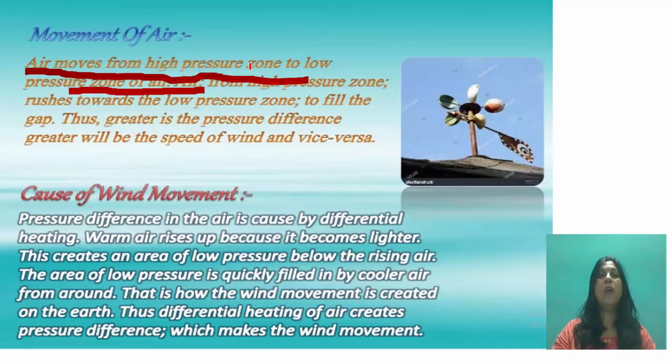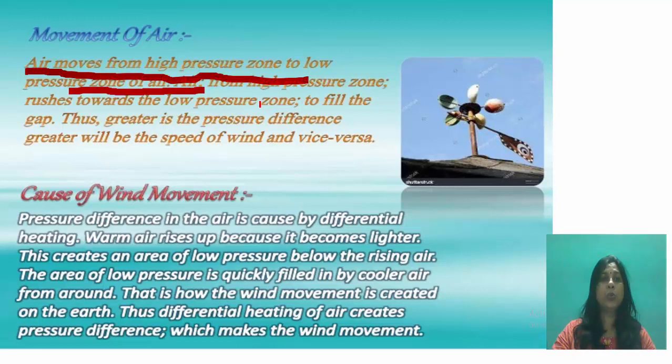Always when a thing is moving, it moves from a region of high pressure to low pressure. Suppose there are two tanks connected, one tank is full and one is empty. Obviously the water from the full tank will flow towards the empty tank. In the same way, air from the region of high pressure flows to the low pressure zone.